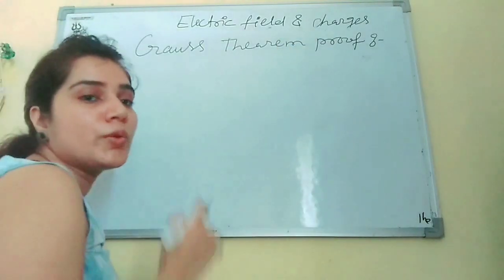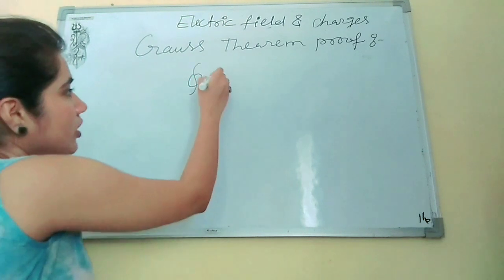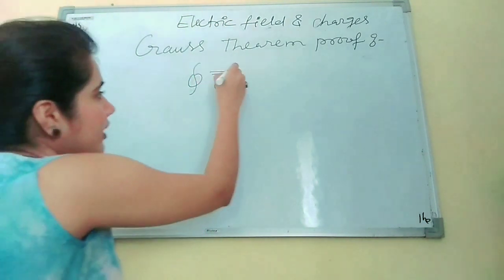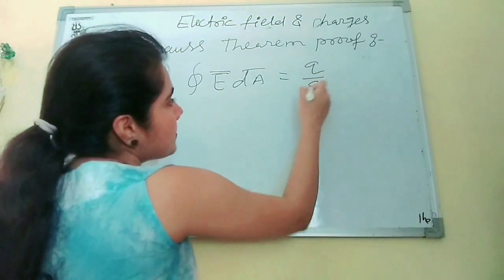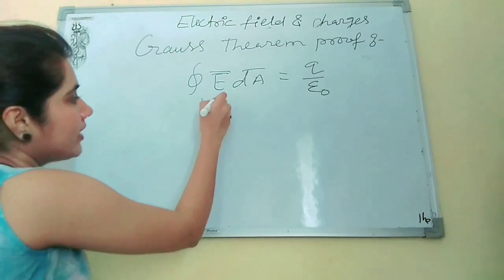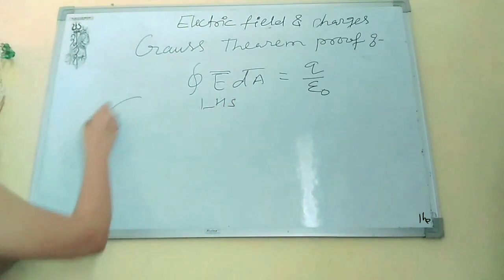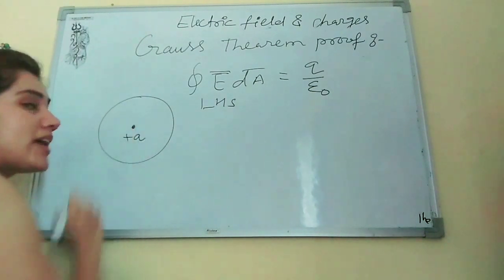For the Gauss theorem, mathematically we write closed integration of E dA equal to Q upon epsilon naught. We should prove it, and that is our LHS. Suppose this is the closed surface, and a plus Q charge is placed inside the surface.